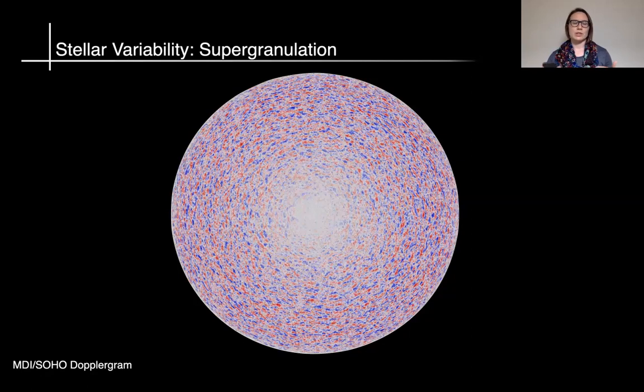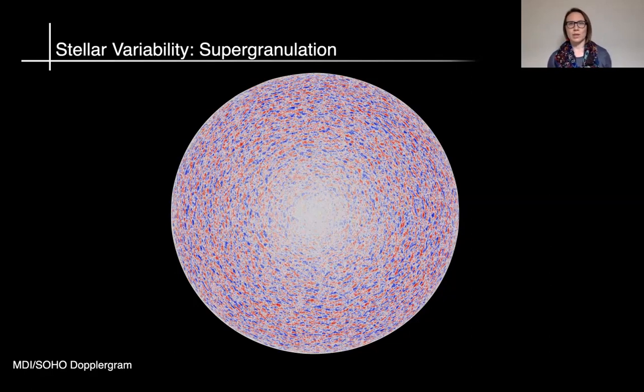So I mentioned the small scale granulation. In addition to that, we have a larger scale of granulation, which we call supergranulation. I'm showing you here a Dopplergram from SOHO, so you can see the blue shifts and red shifts from the supergranules. And the reason why you can make them out so well is because the supergranules are actually quite large.